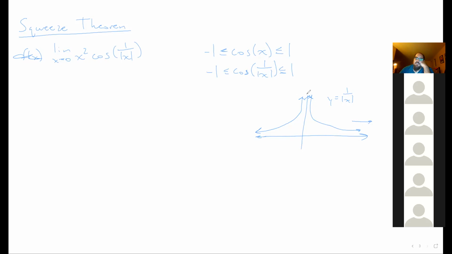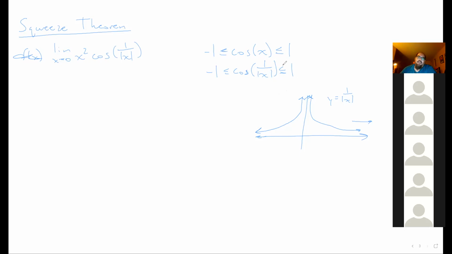And as you get closer and closer to the y-axis, this 1 over the absolute value of x is getting bigger and bigger. But all that does is make the cosine function oscillate up and down faster and faster. It's never going to give you a value that's less than -1 or greater than 1.